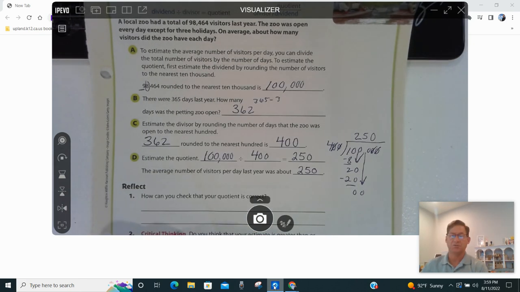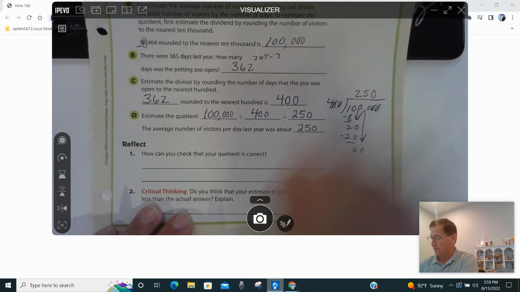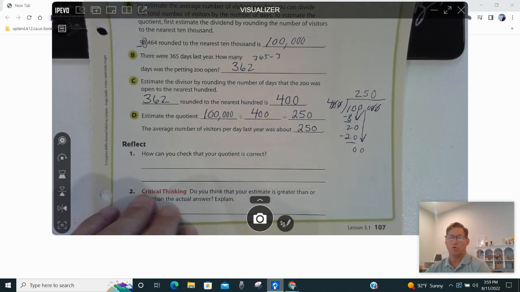How can you check that your quotient is correct? Okay, remember that the process for checking a division problem is to multiply the quotient by the divisor.